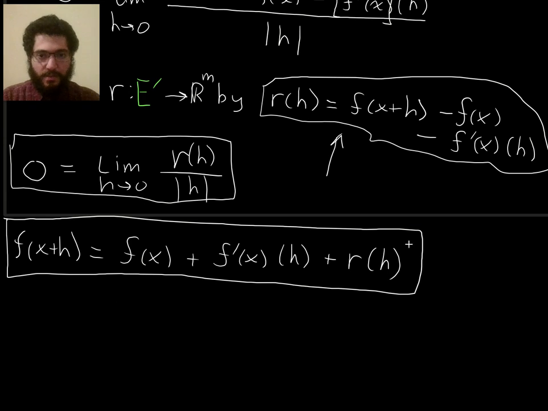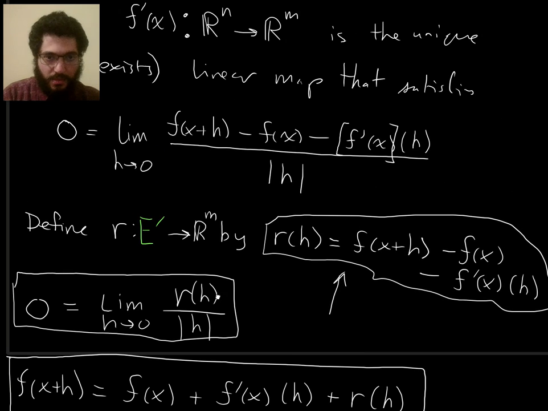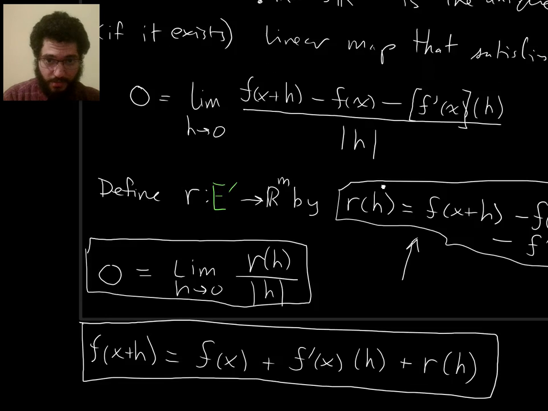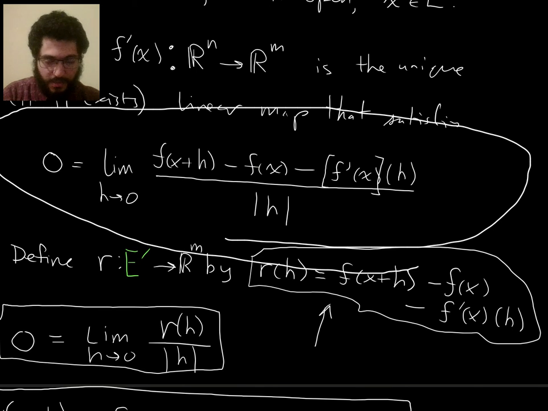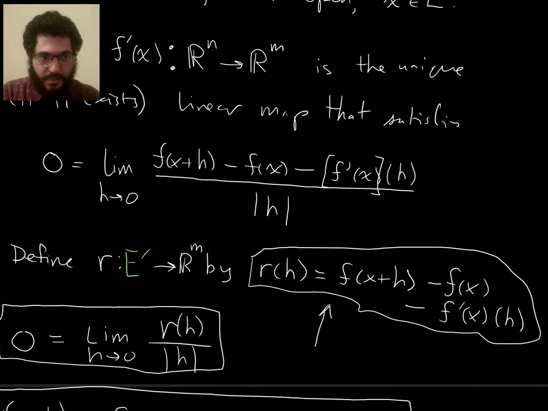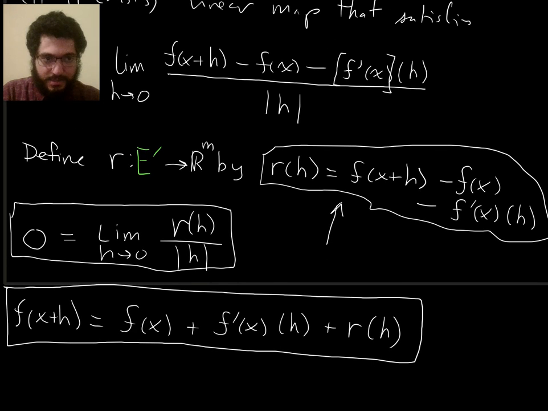And the limit statement up here that defines the derivative, now you can think of that as this statement. This is the same thing. It's just saying that the remainder over here gets small as h gets small.